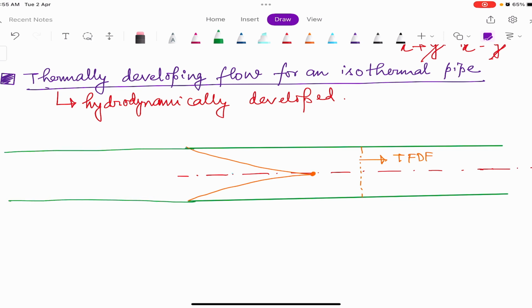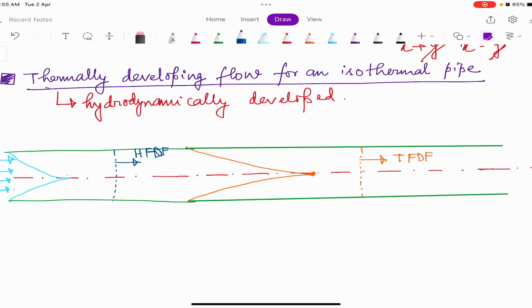Now the inlet is here, and the flow has become hydrodynamically fully developed here, so after this point this will be the hydrodynamically fully developed flow, right?